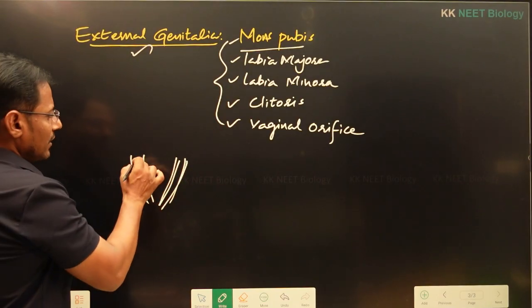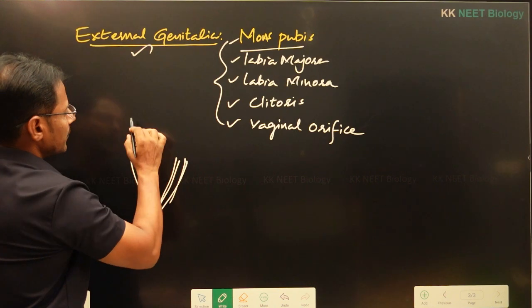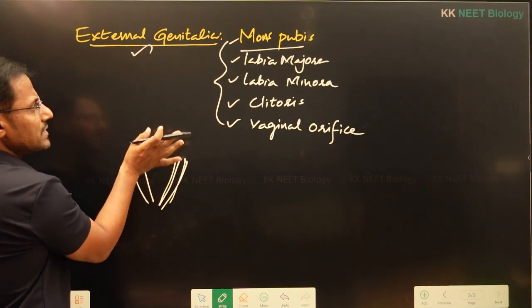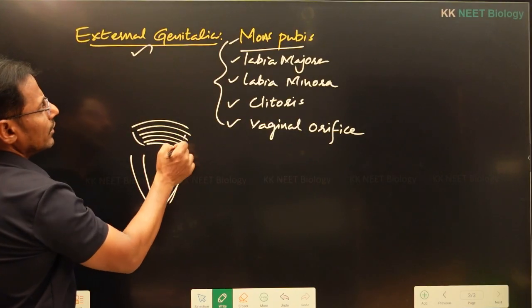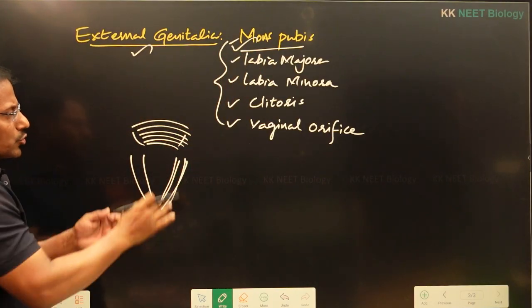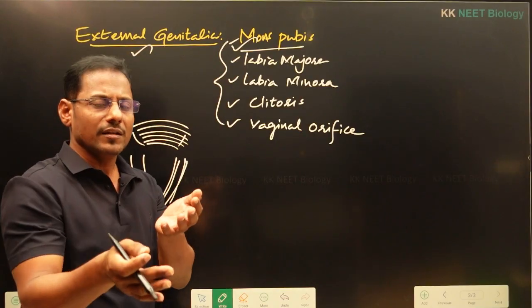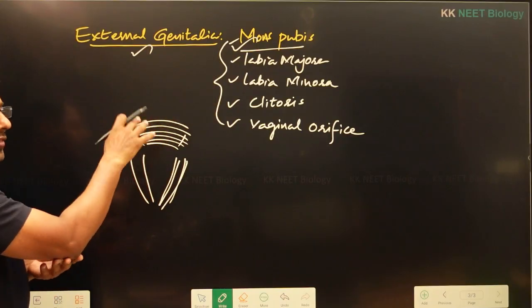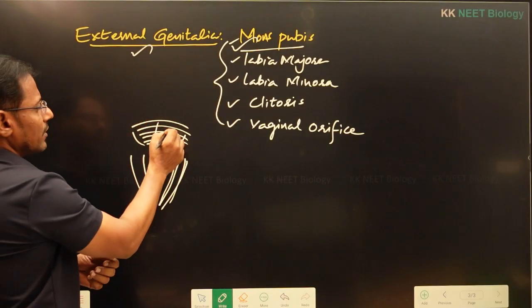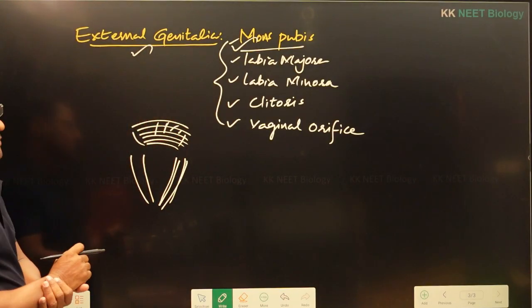Above these labia majora, there is a fatty tissue which we call the mons pubis. This fatty tissue is covered with skin, and pubic hair is present on the mons pubis.